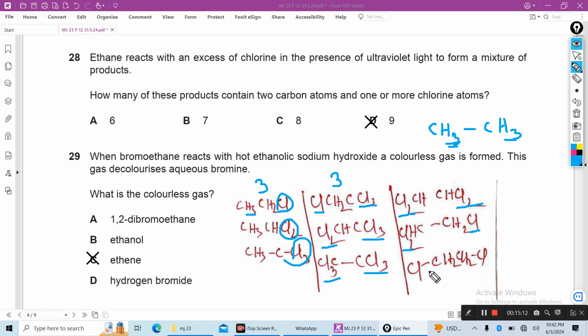Third one, 2 hydrogen replaced by 2 chlorine atoms, and 1 hydrogen replaced by 1 chlorine atom, with 2 hydrogen on the other carbon replaced by 2 chlorine atoms.